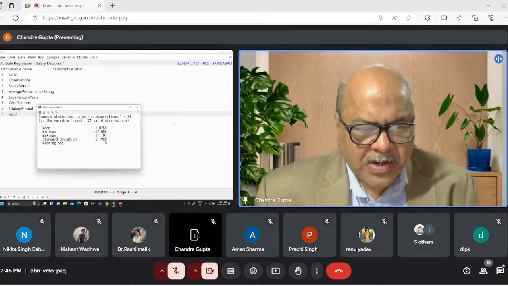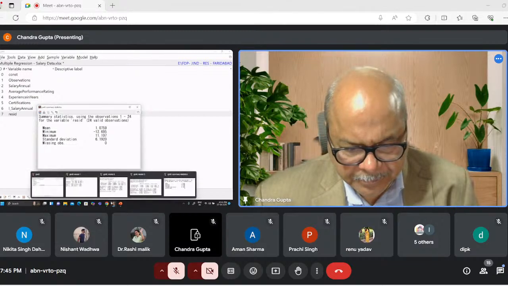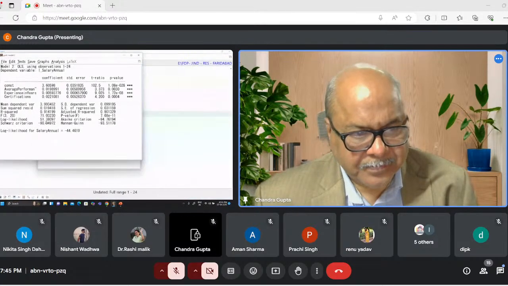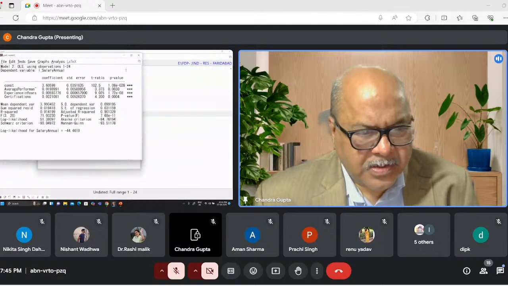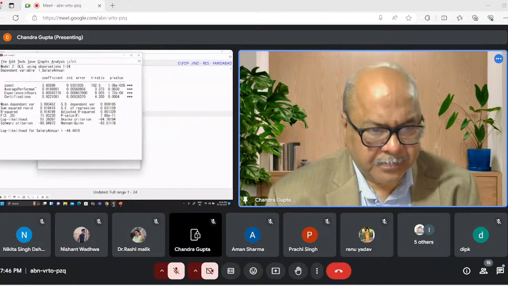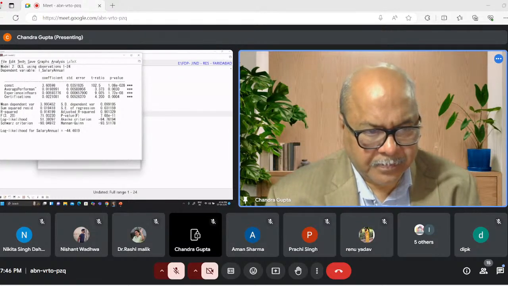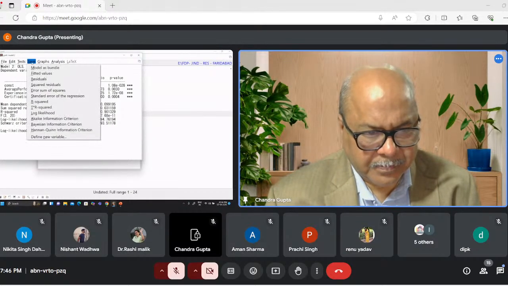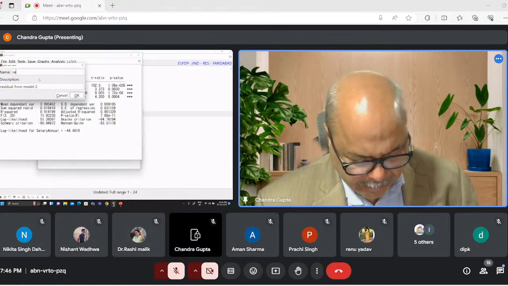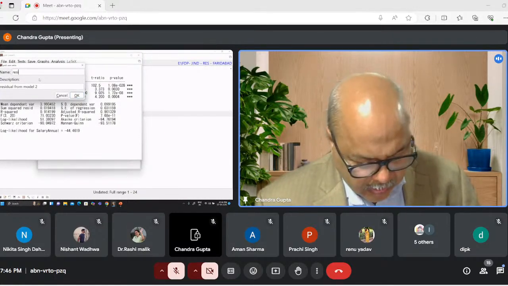And when you have the intercept, and I save the residuals of this model, let's call it resid 1.